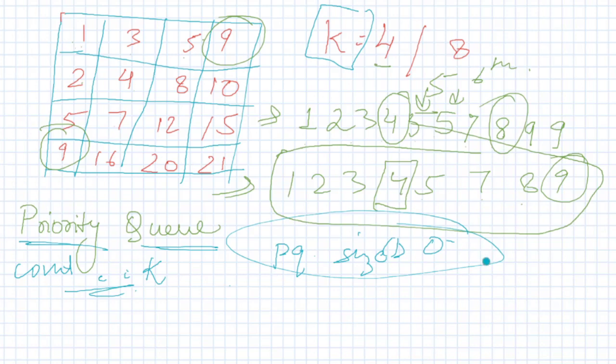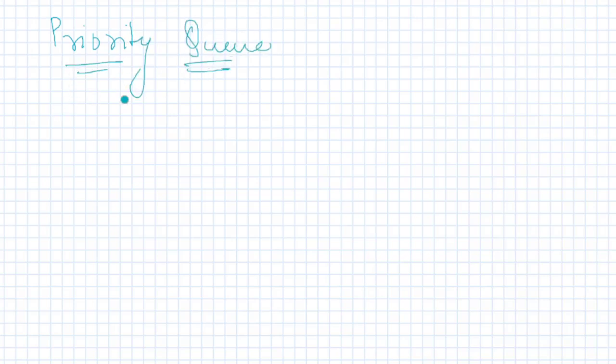Whenever you do this in a priority queue, as the name suggests, you need some sort of priority to be maintained. As you know, it's a queue first of all, and a queue follows FIFO, first in, first out.